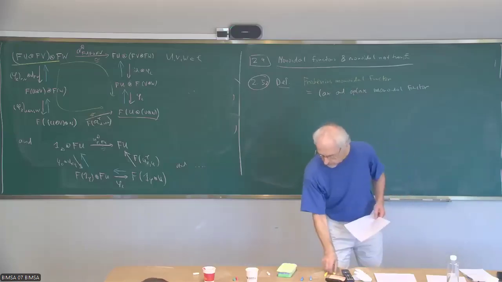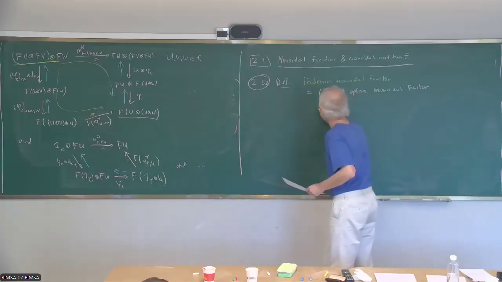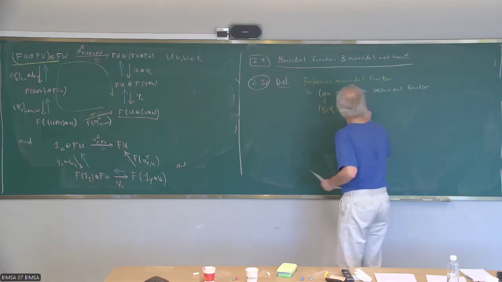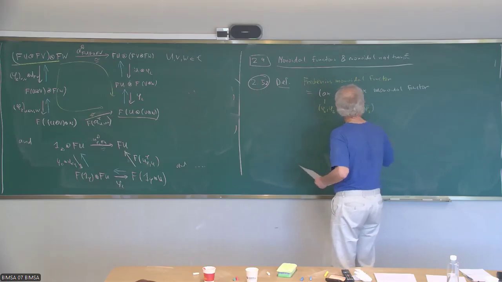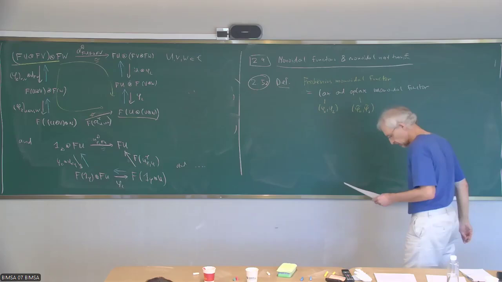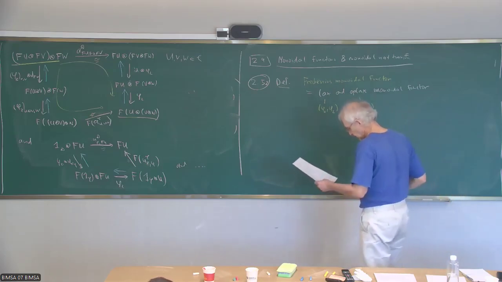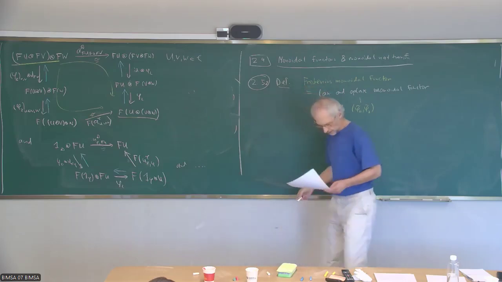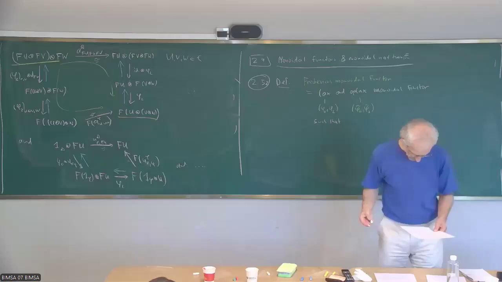So I have, from the lax structure, a morphism phi 0 and a family phi 2. And from the oplax, let me denote them by phi tilde 0 and phi tilde 2 in the opposite direction, such that the following diagrams in D commute.